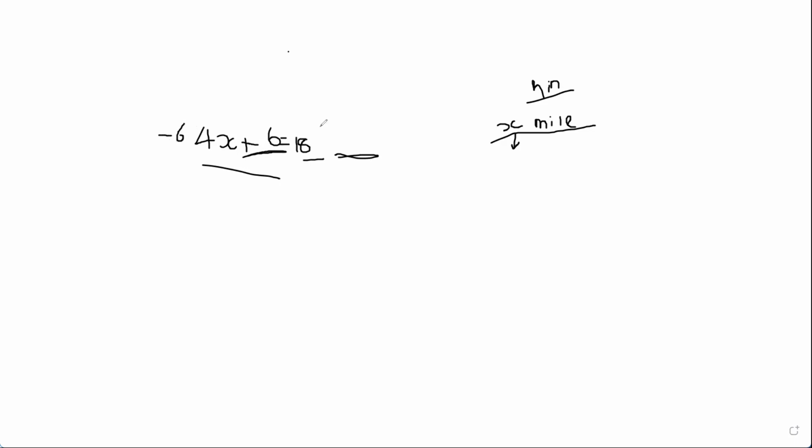And so what you do to one side, you do to the other side, which is why this becomes 12, because we subtracted 6. It would have been a different situation if we had x over 6 is equal to 18. Because then we would multiply by 6, because that's what's going to get rid of the 6 on this side. If we multiply by 6, we would also have to multiply by 6 on the other side.